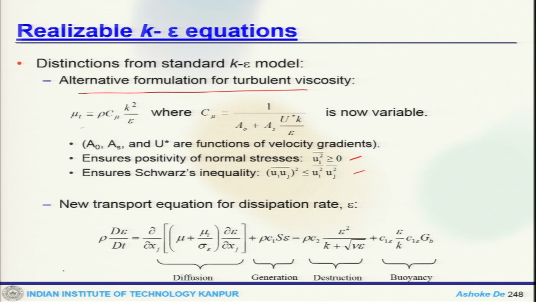So, the dissipation rate equation has the typical diffusion, generation, and destruction terms modified, and also the effect of buoyancy. So, you see there is quite a bit of improvement for the realizable K epsilon model.